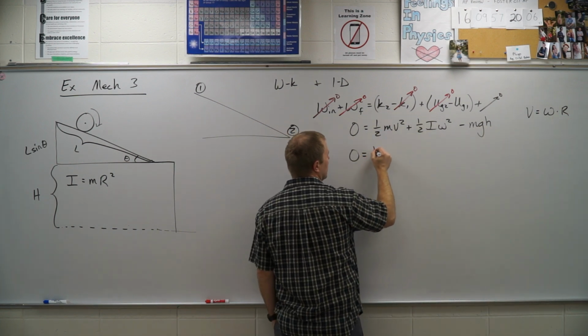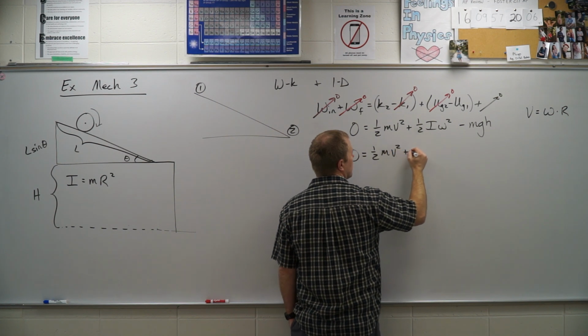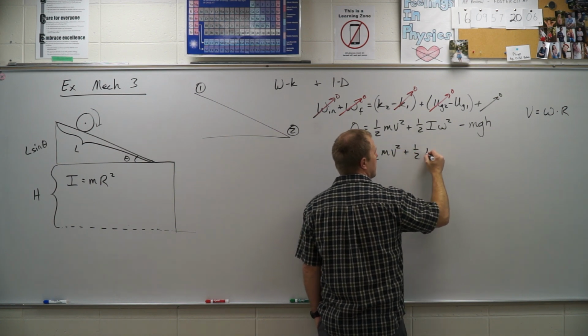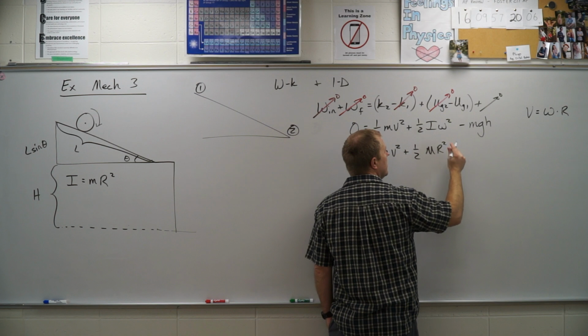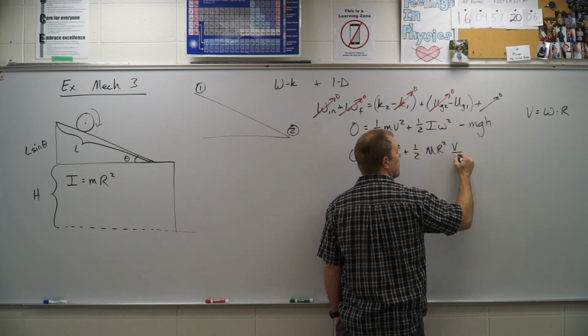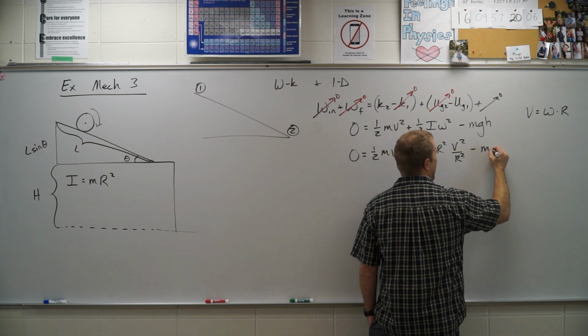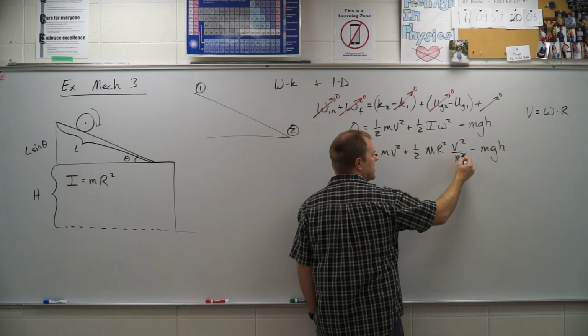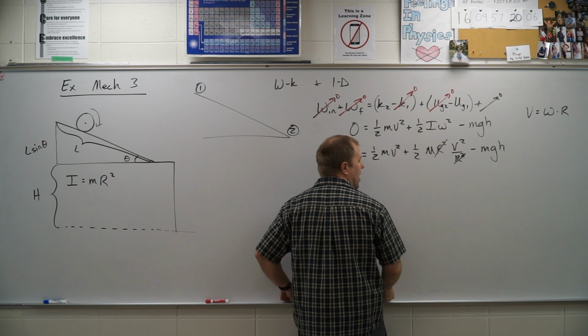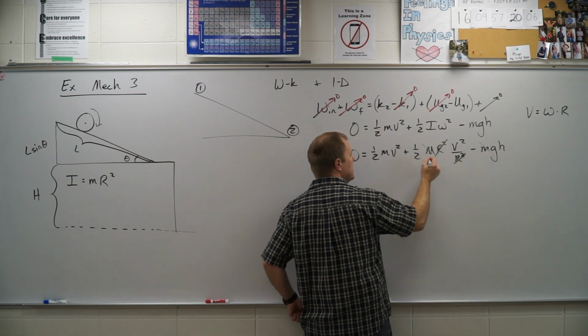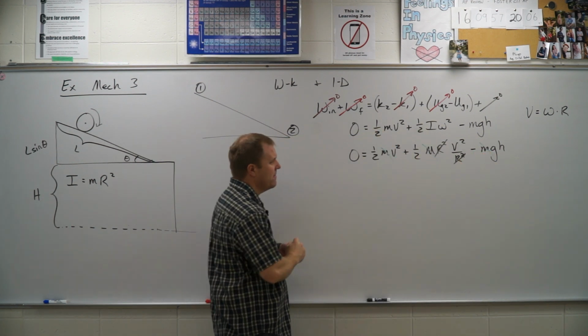So I have 0 is equal to 1/2 mv squared plus 1/2 I, which was mr squared, times omega, which is going to be v over r, but it's omega squared, so it's v squared over r squared, minus mgh. These r squareds cancel. I also see that the m's all cancel.